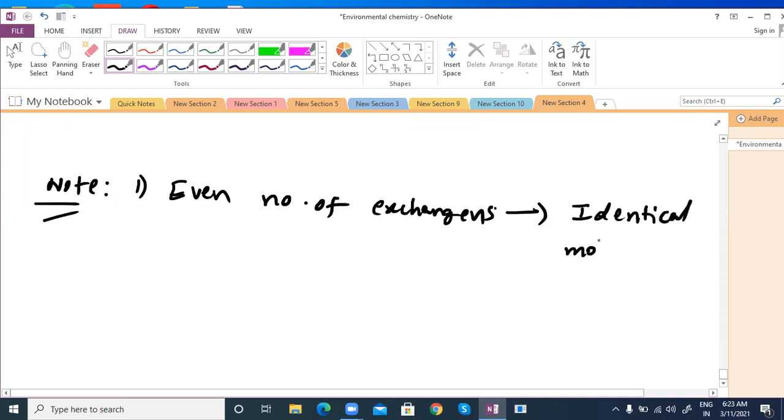An odd number of exchanges will give the enantiomer.